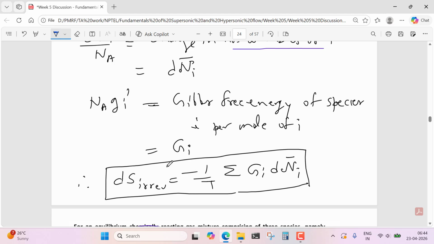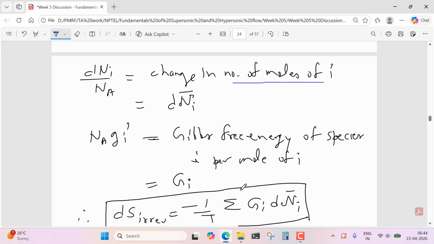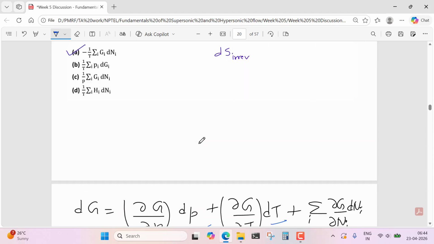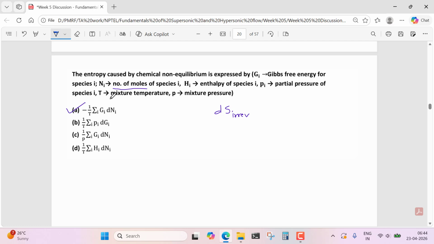So dS irreversible equals minus 1 upon T sigma Gi dNi bar. Here everything will be bar. So the answer for this problem will be minus 1 upon T sigma i Gi dNi.